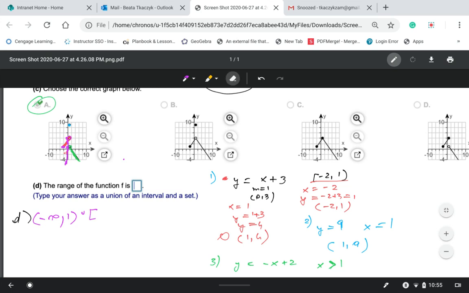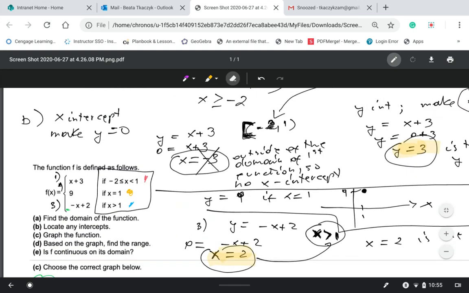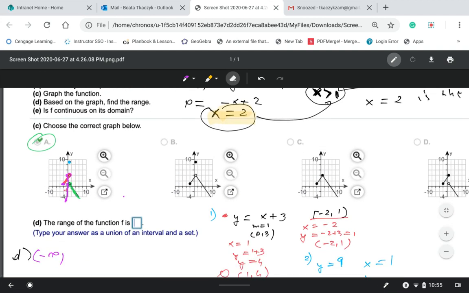So actually we're going to have y equal 1, because y equal 1 works for the second graph. So the range will be from negative infinity up to this y right here, up to 2 comma 4. Open circle.